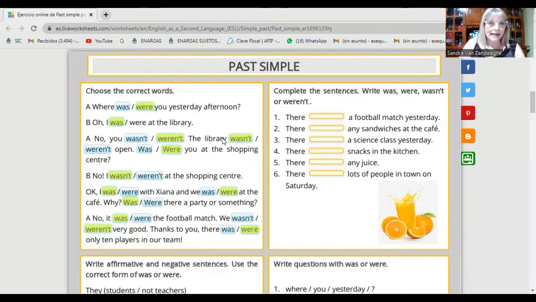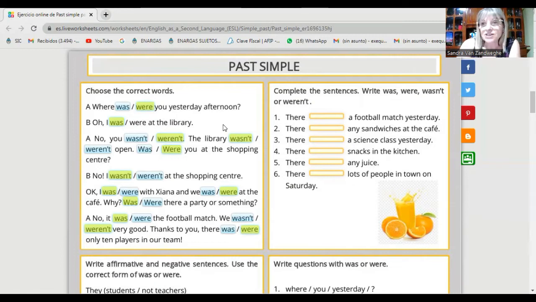Bien, lo voy a leer de manera completa. Where were you yesterday afternoon? Oh, I was at the library. No, you weren't. The library wasn't open. Were you at the shopping center? No, I wasn't at the shopping center. Okay, I was with Sienna and we were at the cafe. Why?